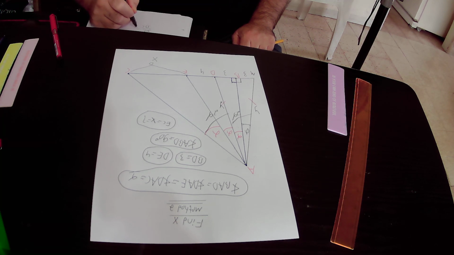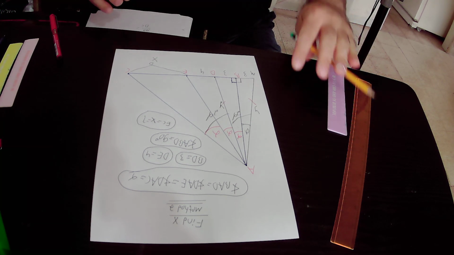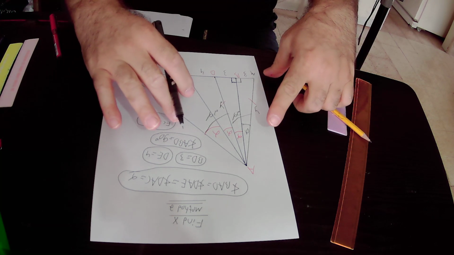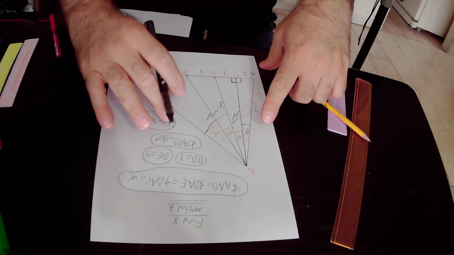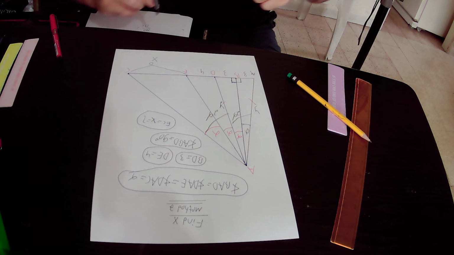And that ratio equals the ratio of the angle legs. The angle legs are AM and AC, so the ratio between the angle legs is AM over AC.